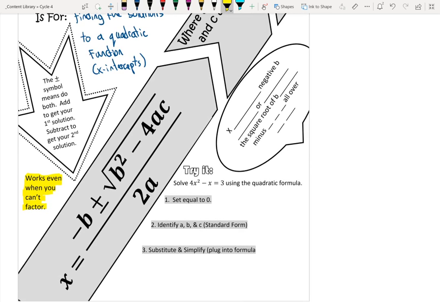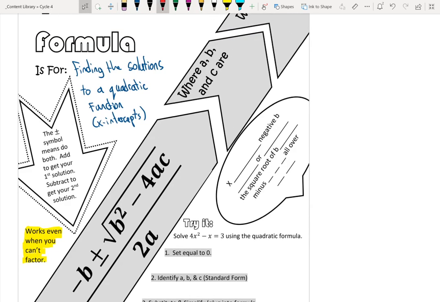So the quadratic formula we see here: x equals negative b plus or minus the square root of b squared minus 4ac, all divided by 2a. And a, b, and c, what are those? Well, a and b are coefficients on x squared and x respectively, and c is the constant.